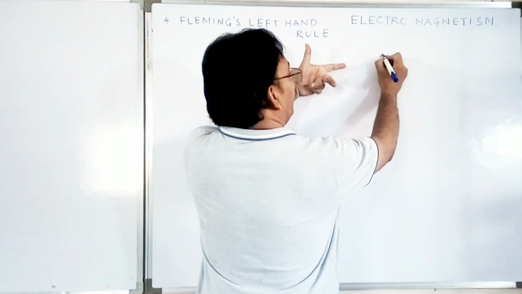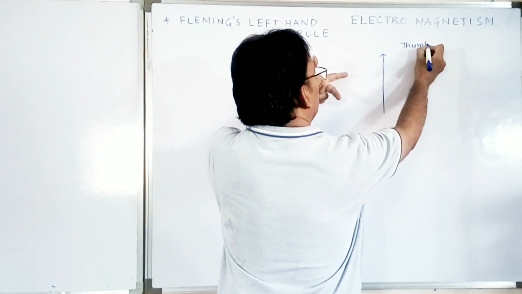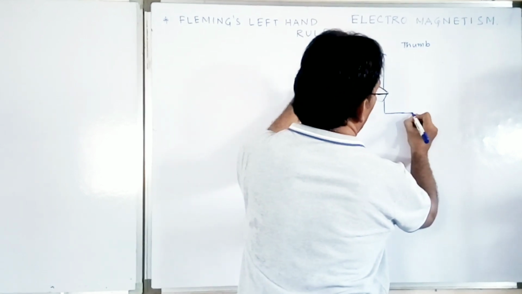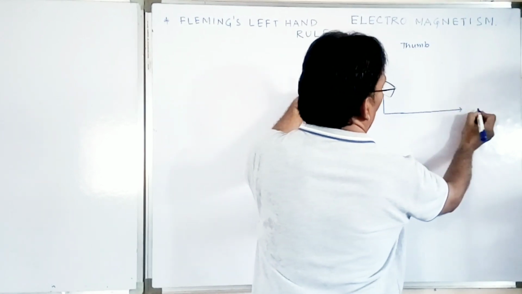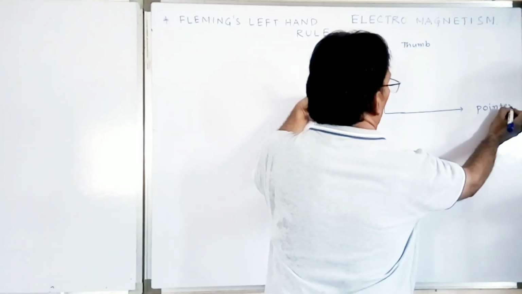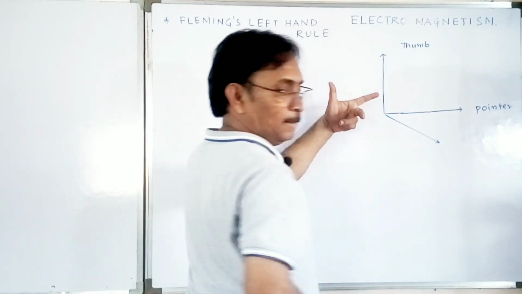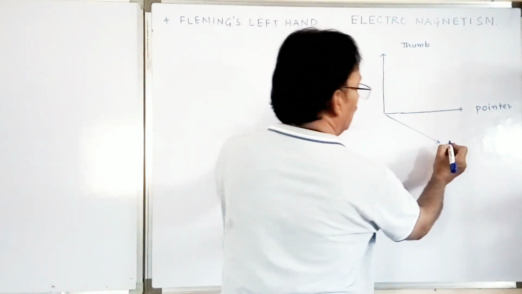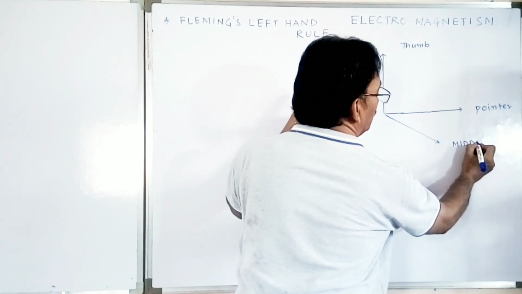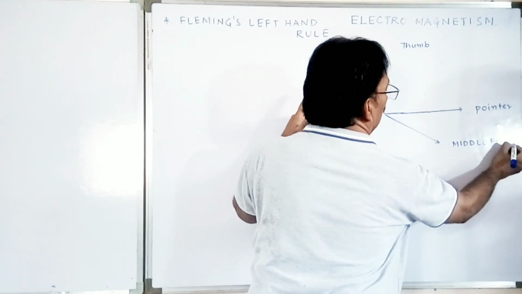Let's say it is the thumb, and it is the pointer, and the third one, see, it is the middle finger, or central finger.